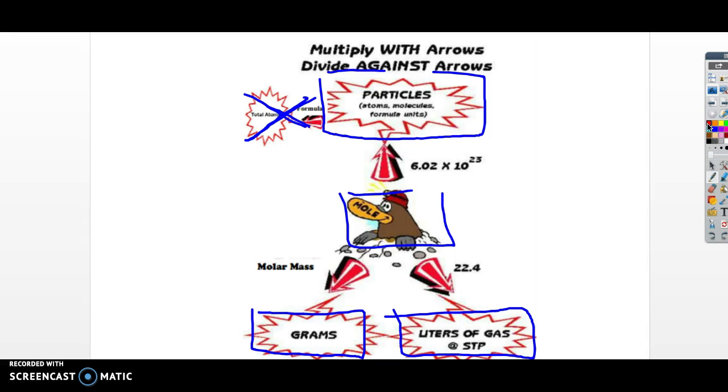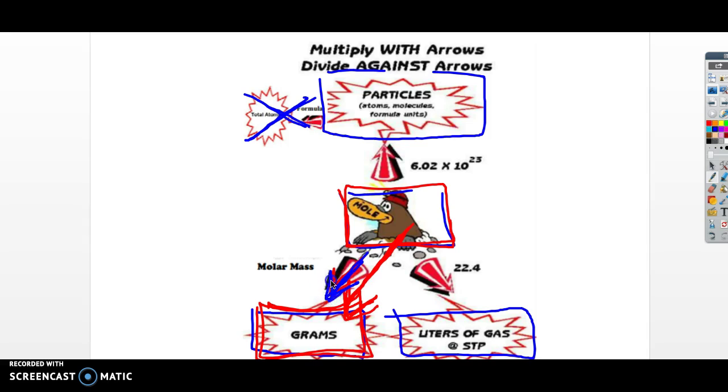Okay, so let's say I want to convert. Let's say I want to go from moles right here to grams. Moles to grams. As I'm drawing this arrow, I'm going down here. Notice that I'm going in the same direction as this arrow right here. Let me use a blue, maybe you'll see it better.